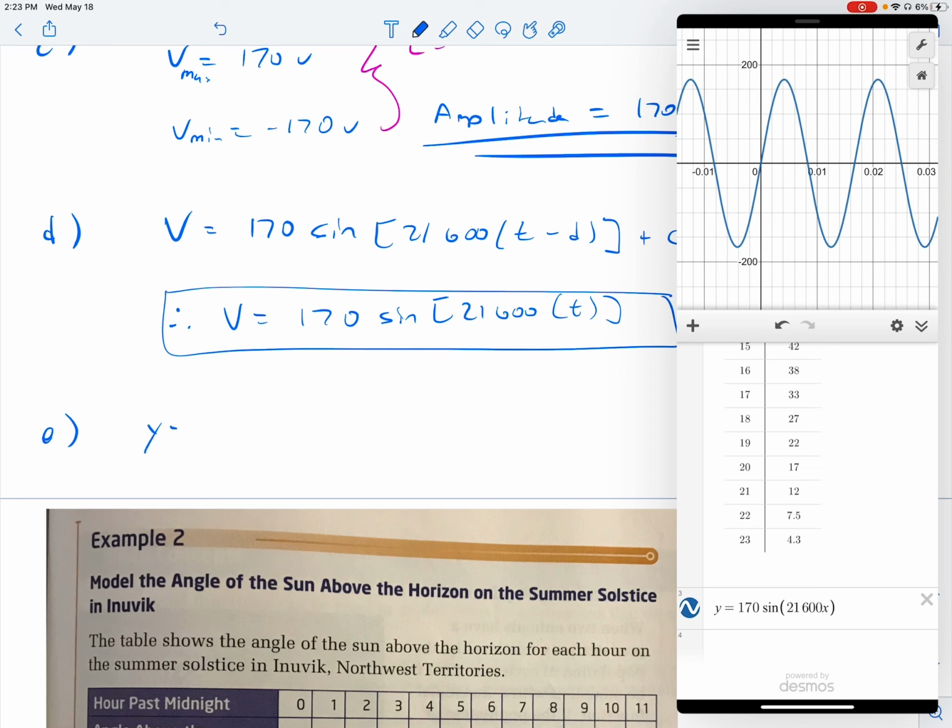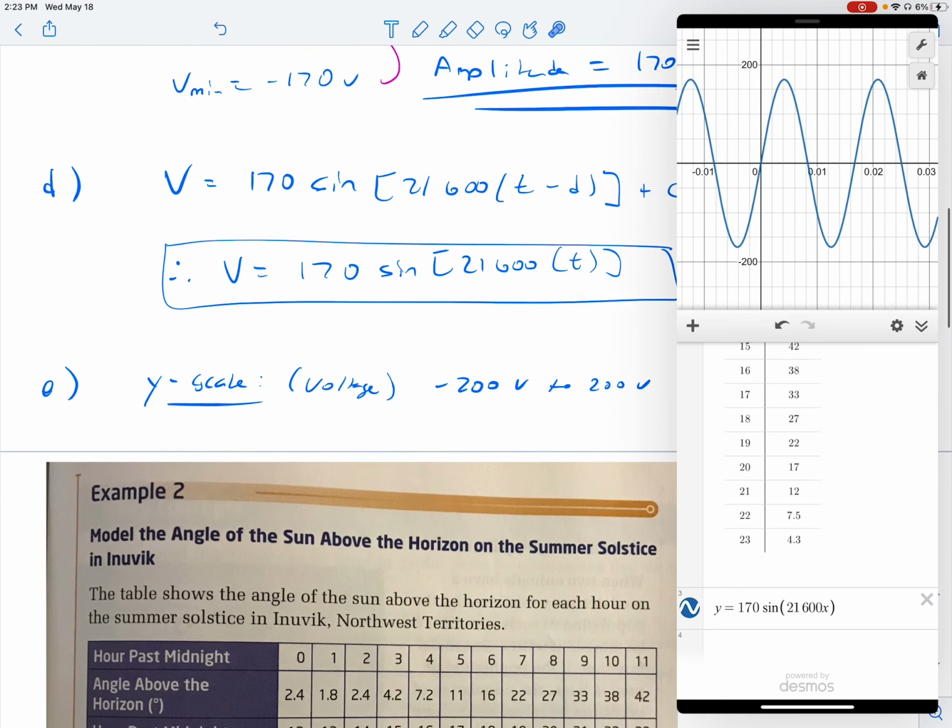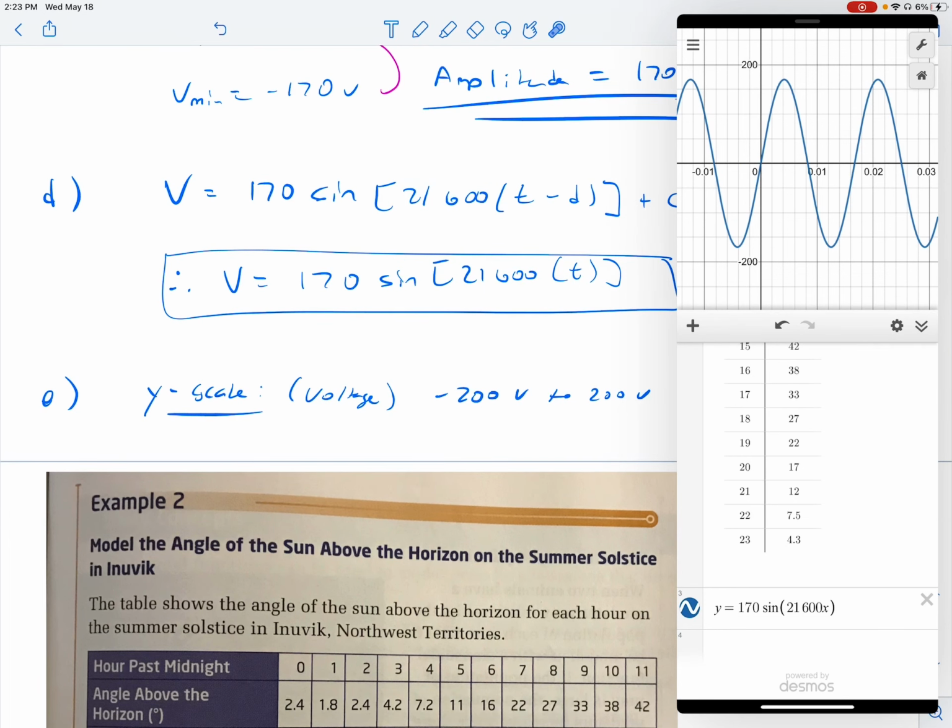So for the y scale, this is voltage. We're going to go from negative 200 volts to 200 volts, just to see the nice sine function here, right? We don't want to just go from 170 to negative 170. We like to see a little bit of space above and below.